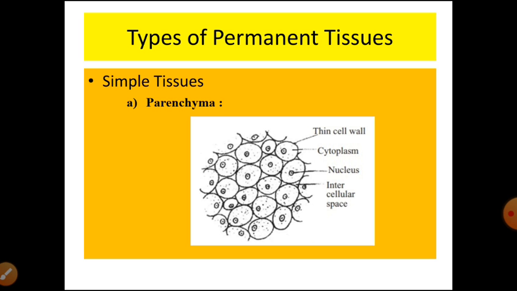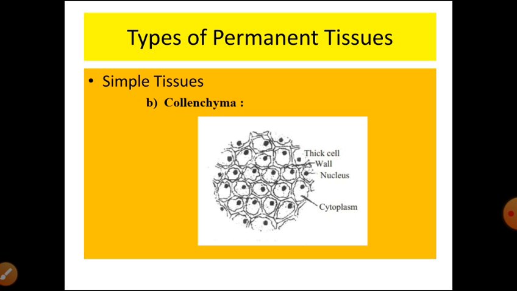The second tissue is collenchyma. The collenchyma tissue can be differentiated from parenchyma by the cell wall.